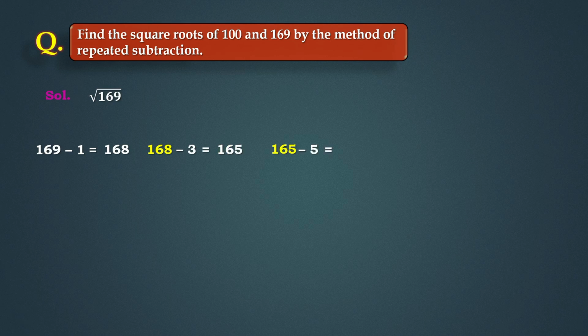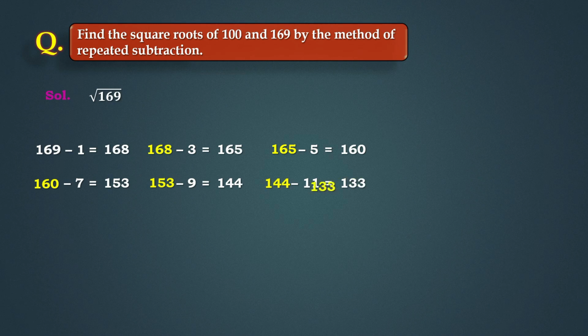Subtract 5, we get 160. Subtract 7, we get 153. Subtract 9, we get 144. Subtract 11, we get 133. Subtract 13, we get 120. Subtract 15, we get 105.